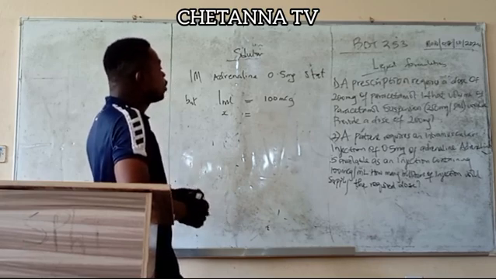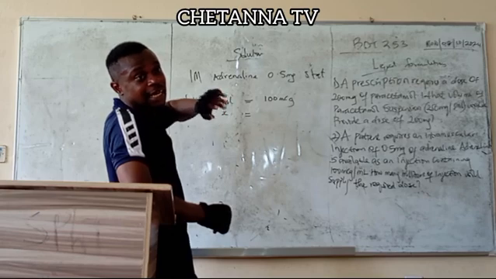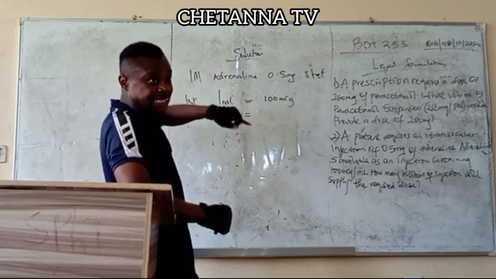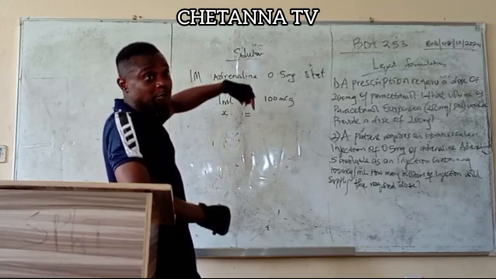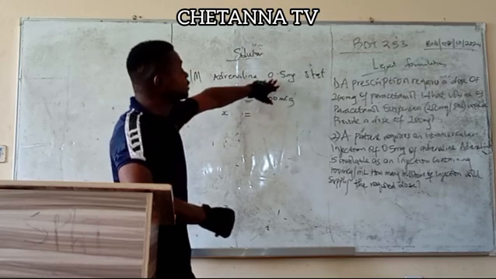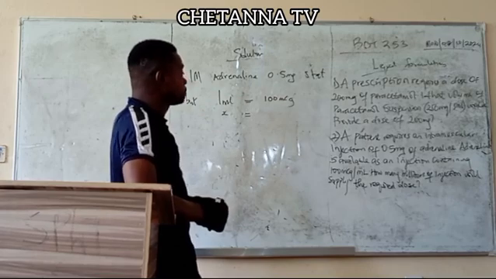Which one are we going to move, microgram to milligram or milligram to microgram? Which one is easier? It is easier to move milligram to microgram. So this is 0.5 milligram. If you move to microgram, what will it be?